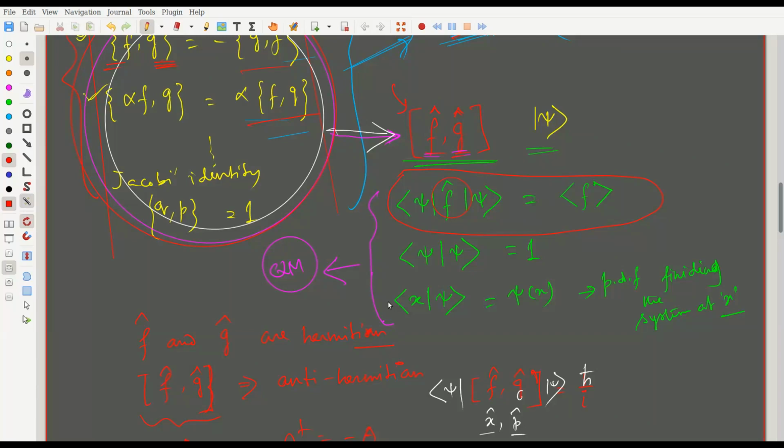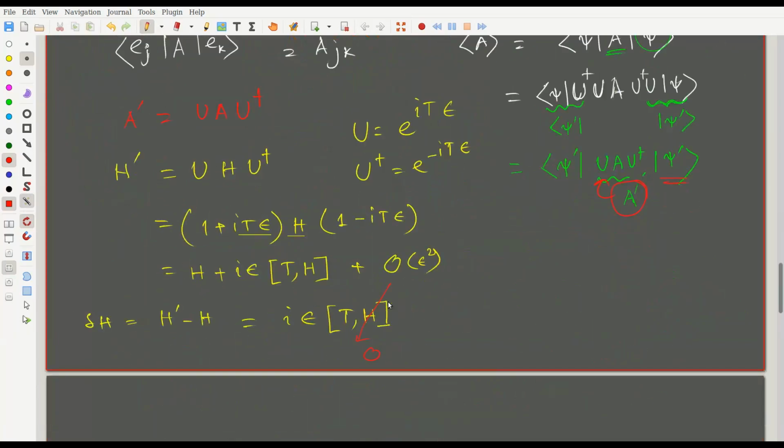Sir, why do you take the commutator of T and H to be 0 here? Please, can you repeat once more?